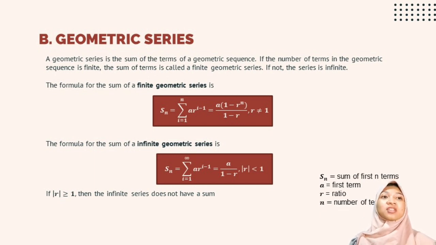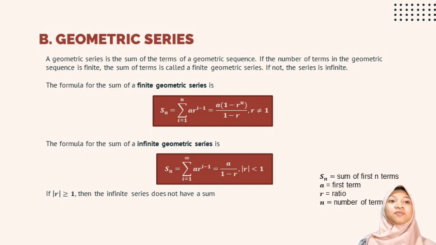Next, the formula for the sum of an infinite geometric series is the sum of n. This equals the sum from i equals 1 to infinity of a times r to the power of i negative 1 equals a divided by 1 negative r, when the absolute value of r is less than 1.